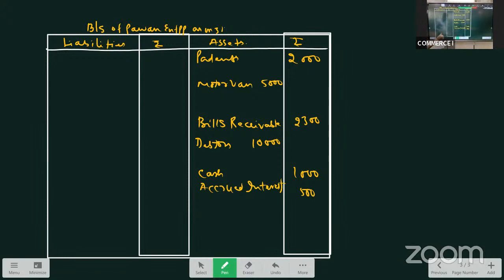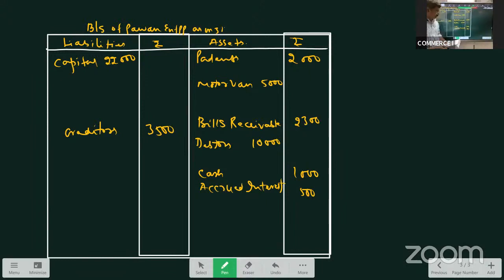Then credit side, creditors. Creditors are a liability, 3,500. Then capital is 22,000. Okay, so we have taken all the items related to the balance sheet from the trial balance.